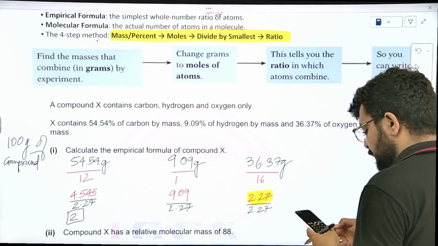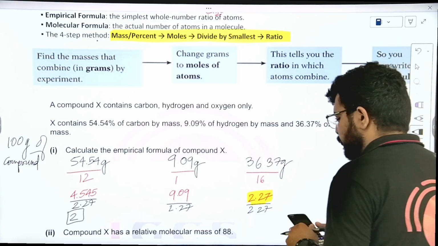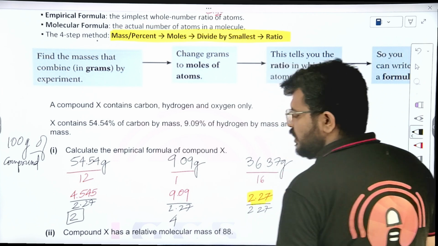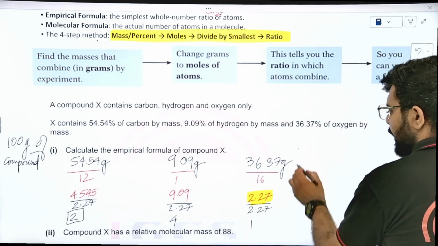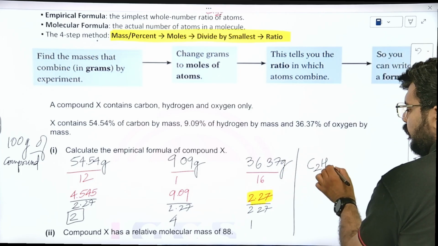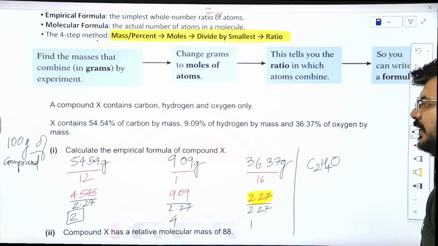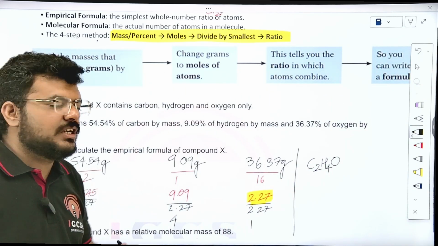Then 9.09 divided by 2.27 gives me 4.004. So I will take this as 4, and of course this will give me 1. So the combining ratio is C2H4O, right? So now let's look at the question again and let's establish our method.